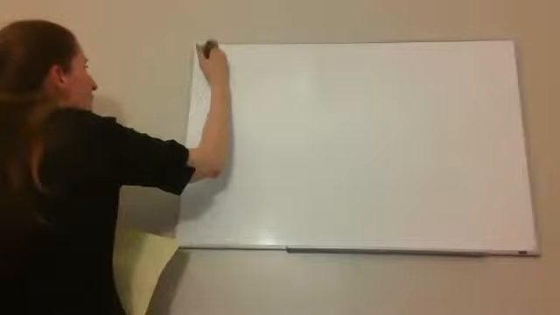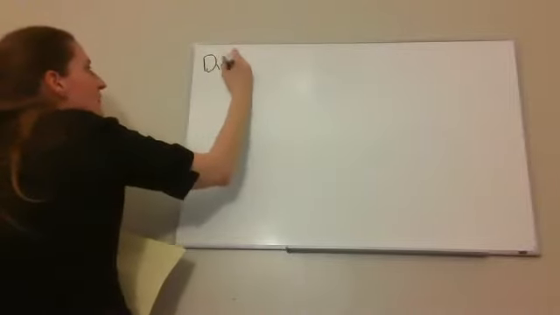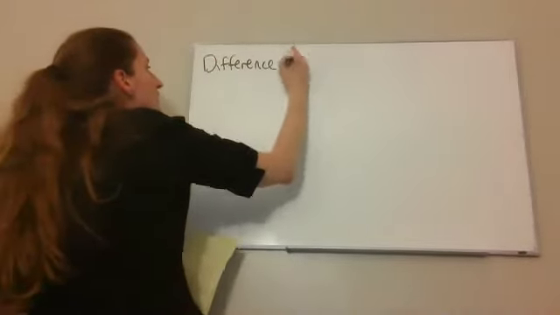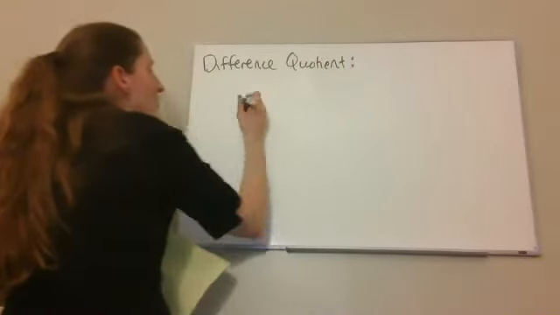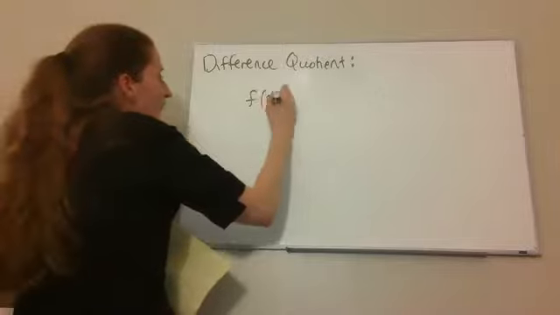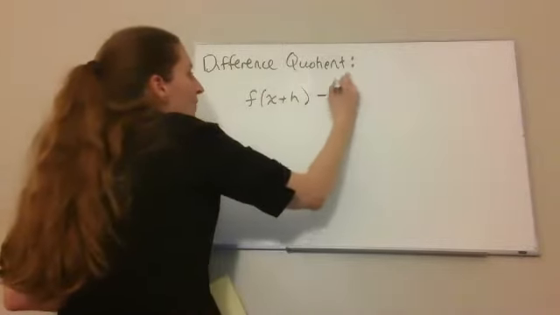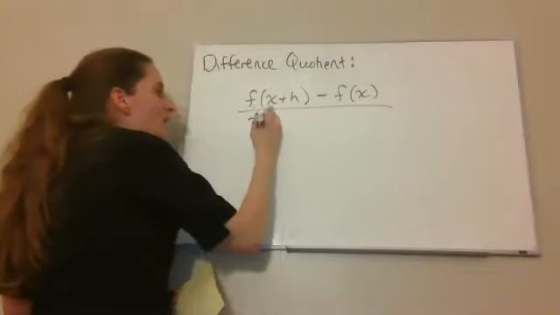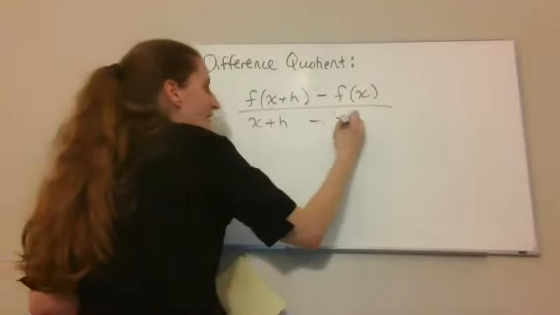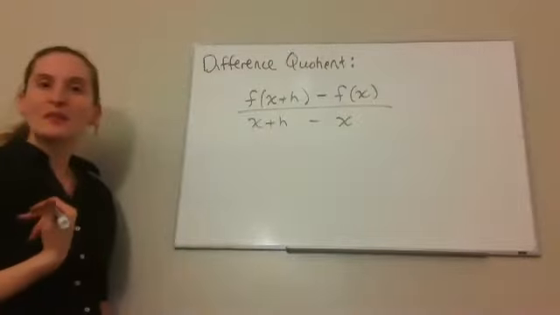So our difference quotient is the slope between those points. So we had f of x plus h minus f of x over x plus h minus x. But this can be simplified.